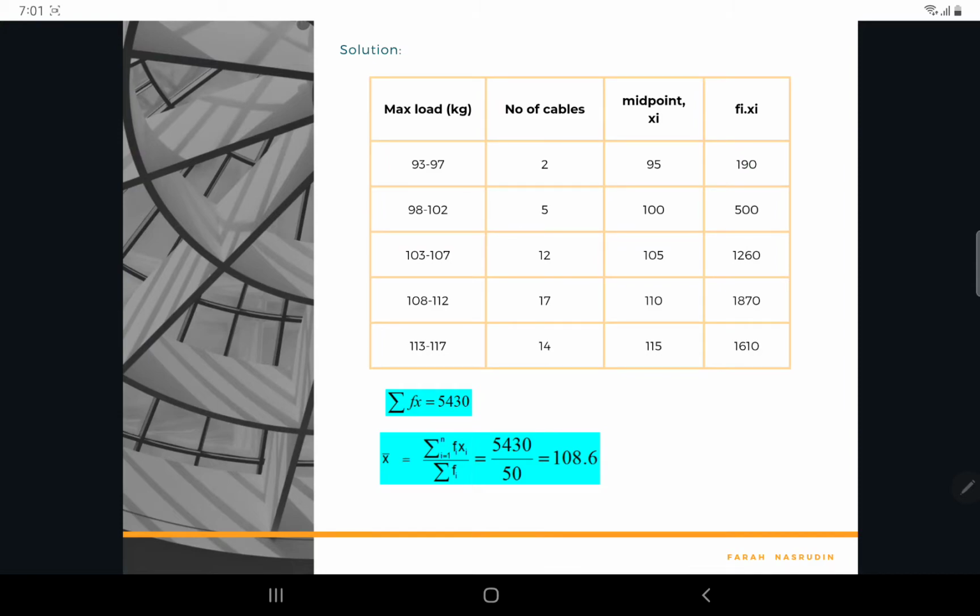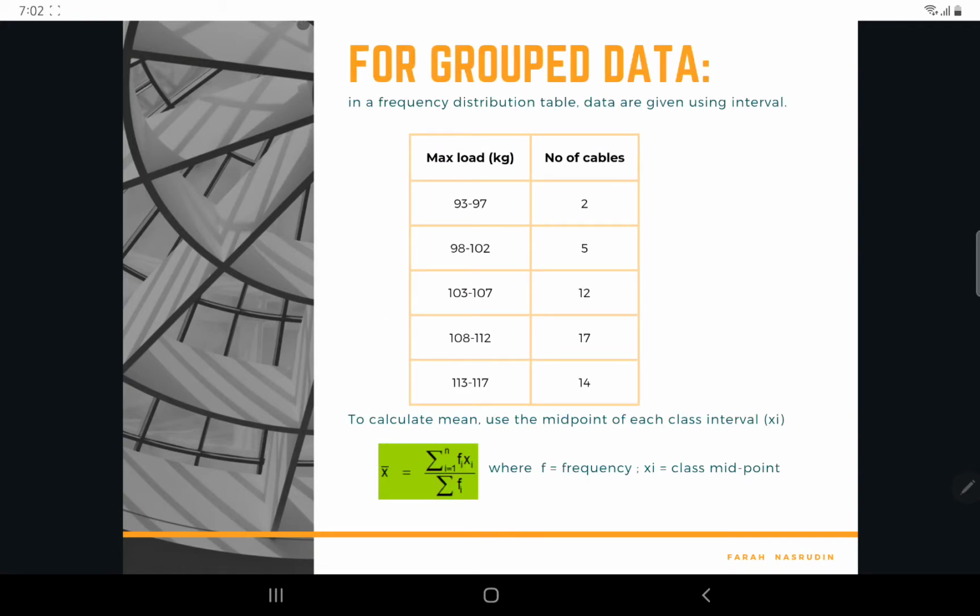Okay, so look at this solution. Based on our question on the previous slide, we are given the columns for maximum load and number of cables.